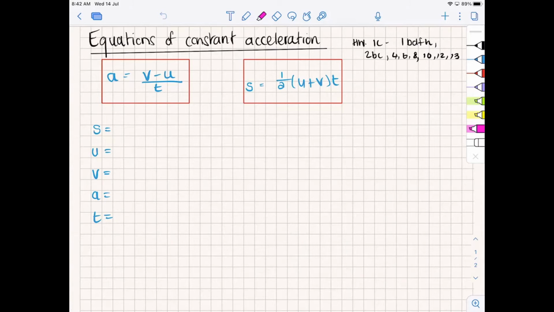What can you tell me about constant acceleration, Dominic? Constant acceleration is constant. It doesn't change. Yeah? Doesn't change. What would it look like graphically? A straight line. More importantly, it will look like a linear graph. I want you to think about the actual acceleration graph.